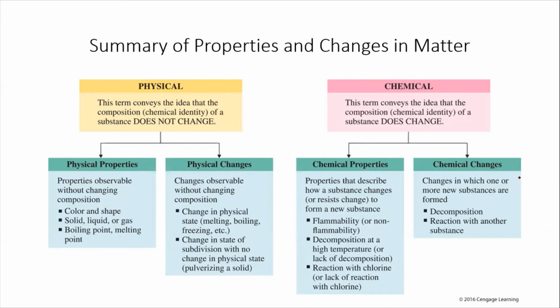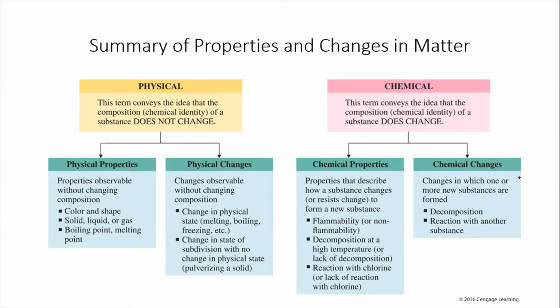And then chemical, this term conveys the idea that the composition, the actual chemical identity of a substance does change. So again, properties and changes go hand in hand. So chemical properties describe how a substance changes or resists a change to make something new. So if something is flammable or non-flammable, if it decomposes, if it reacts with certain substances, these are all chemical properties.